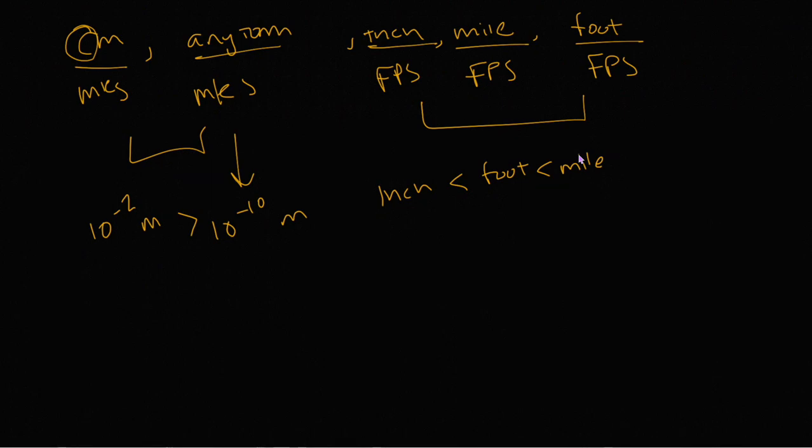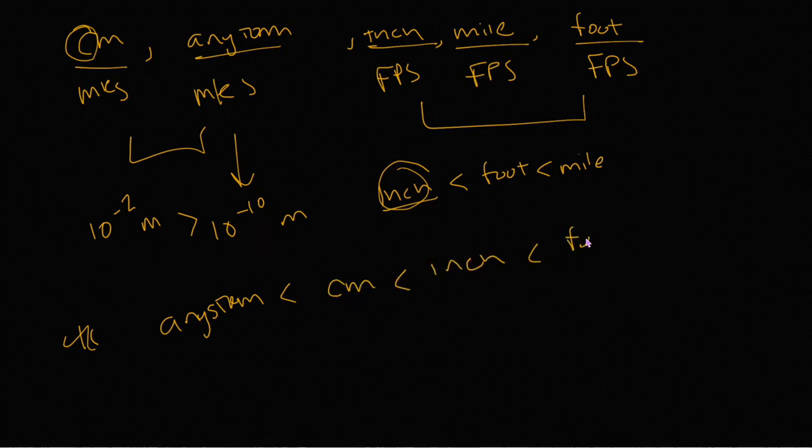Knowing that, how can we relate the lowest value here to a centimeter? Well, we know that an inch is at least greater than a centimeter just from a ruler. So we can say that it'll be angstrom, centimeter, inch, foot, mile.